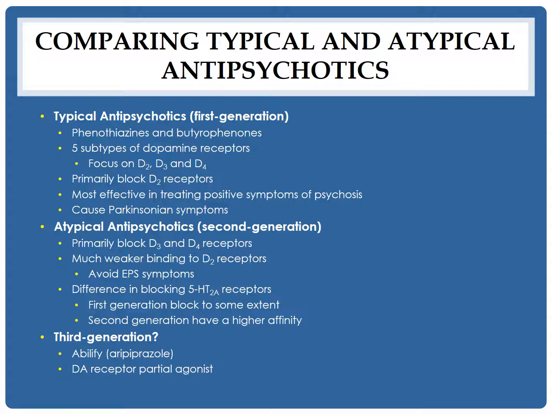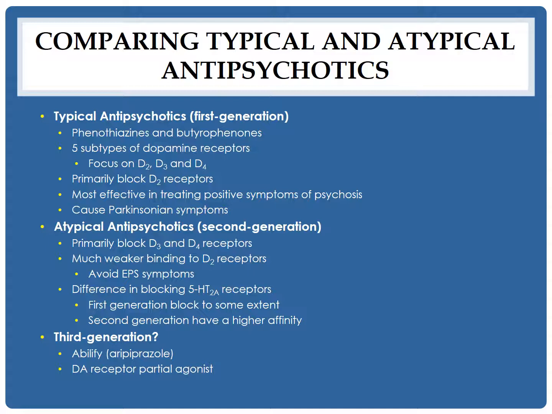There is a much weaker binding to D2 receptors as compared to the typical antipsychotics. And again, the increased occupation of that D2 receptor, something like 60 to 80%, can lead to those EPS symptoms. So the atypical antipsychotics avoid this side effect, which we've already said.